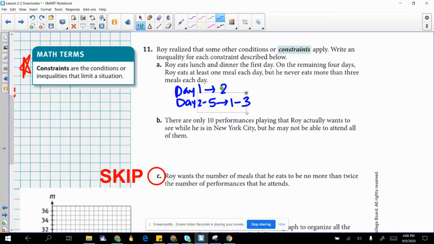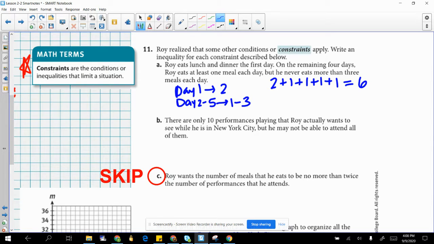Okay, so let's think about that. We know that the least amount he could eat would be 2 plus, let's say he just eats 1 meal the other 4 days. So that's the very least amount that he would eat. And that's going to be 2, 3, 4, 5, 6.